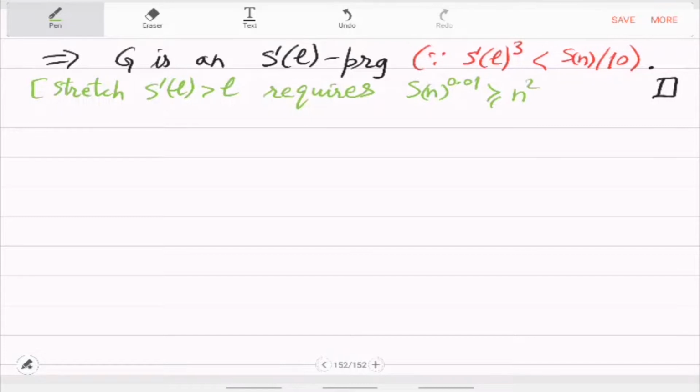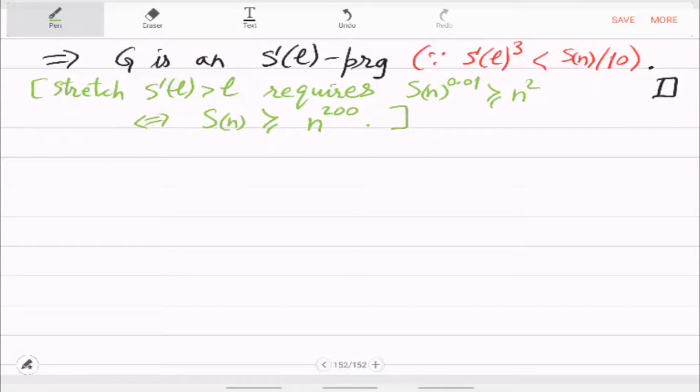So, you want this to be larger than n square. So, you want S of n to be sufficiently bigger than n to the 200. So, basically the point is that average case hardness should be something like n raised to 200 or more for this theorem to be interesting, because in that case only the stretch is actually bigger than L. Okay, that it will make sense only in that case.